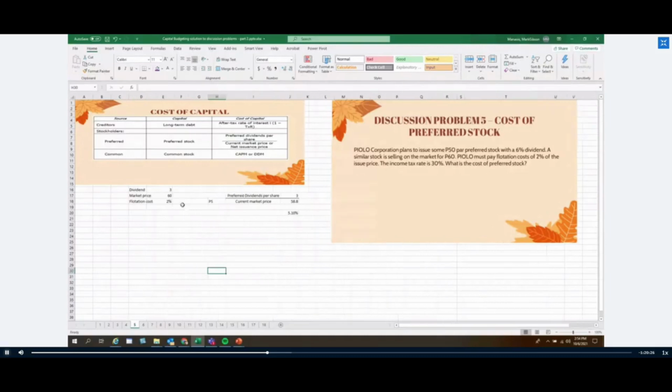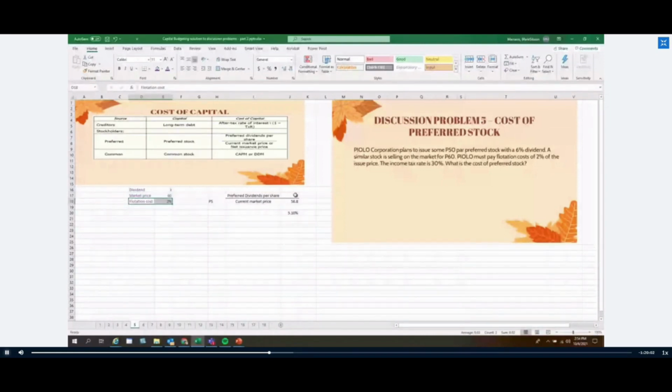Of course, compute natin dito yung mga relevant information. So we have dividends, that's 50 par multiplied by 6% dividend, so meron ka nang dividend per share. Market price is given, that's 60. And of course, the flotation cost is also given, 2%.